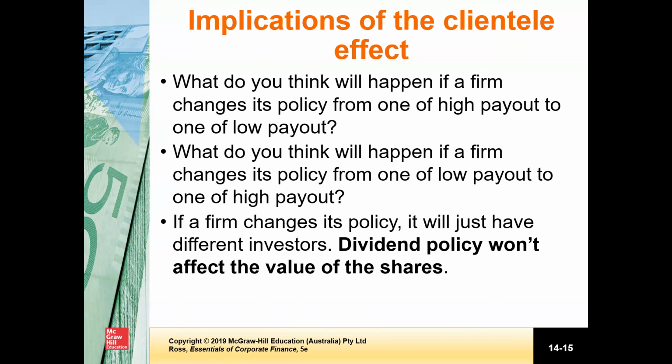Consequently, low dividend firms will find it advantageous to switch policies until 40% of all firms have high payouts. So at this point, the dividend market is in equilibrium. Further changes in dividend policies are pointless because all the clienteles are satisfied. The dividend policy for any individual firm is now irrelevant.